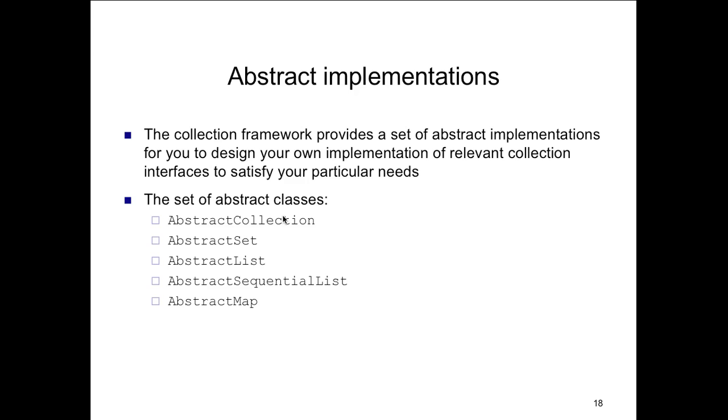Abstract implementations. So the collection framework provides a set of abstract implementations that we've seen. For your design of your own implementation for relevant collections, interfaces to satisfy your particular needs, a set of abstract classes exist. AbstractCollection, AbstractSet, AbstractList, AbstractSequentialList, and AbstractMap. And you might notice, in fact, these are the same without the word abstract in front of them.